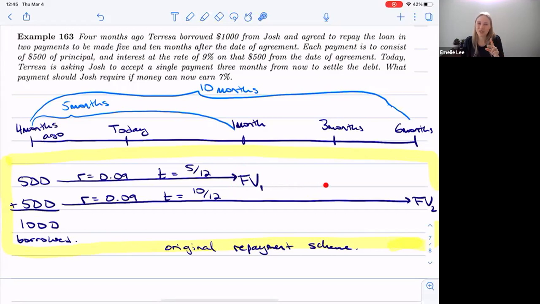But then she's also paying off this future value early, right? So now our focal date becomes the 3-month mark, because our payments have to go to that 3-month mark. And then we'll be able to say, okay, well, how much would these 2 individual payments be at the 3-month mark?